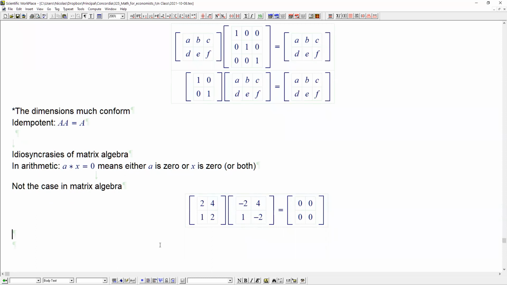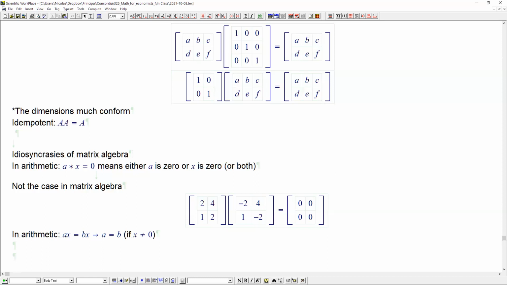One other thing that you have to be aware of: in arithmetic, if you have, say, ax equals bx, then you can be pretty sure that you can just divide by x on both sides and you get a equals b, if x is not 0, of course.